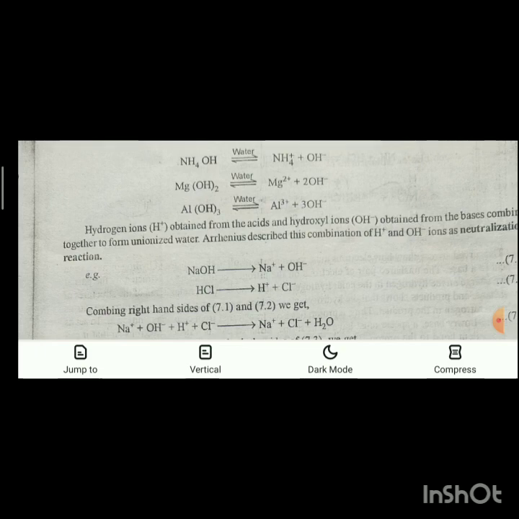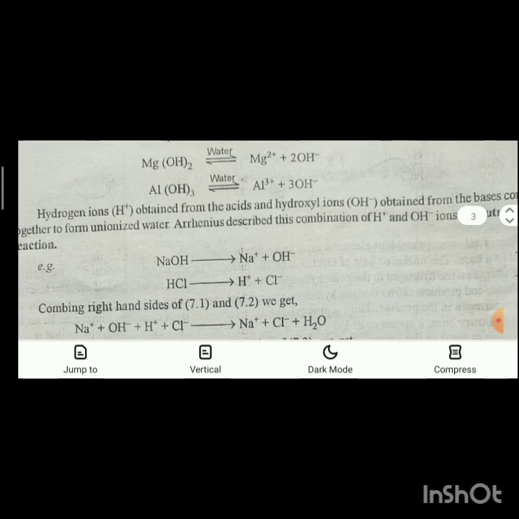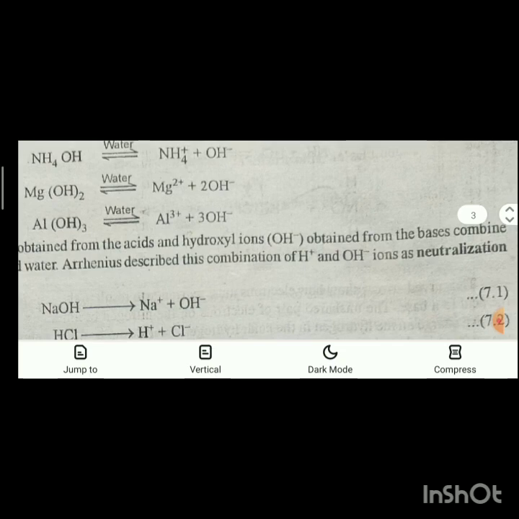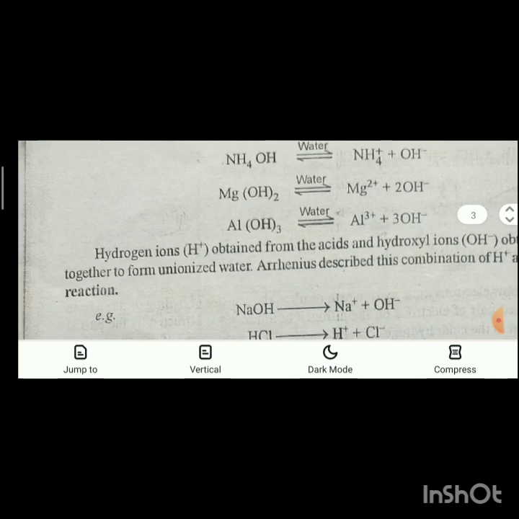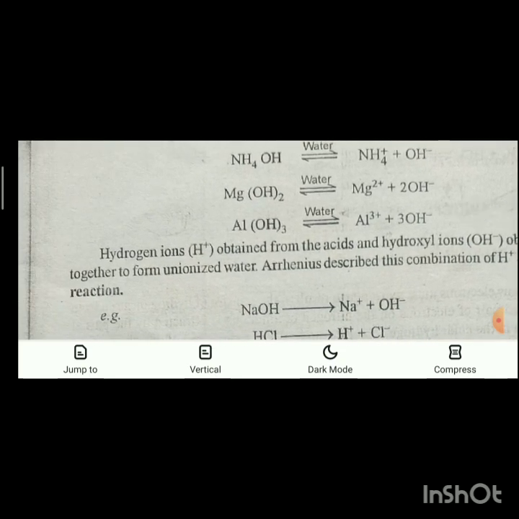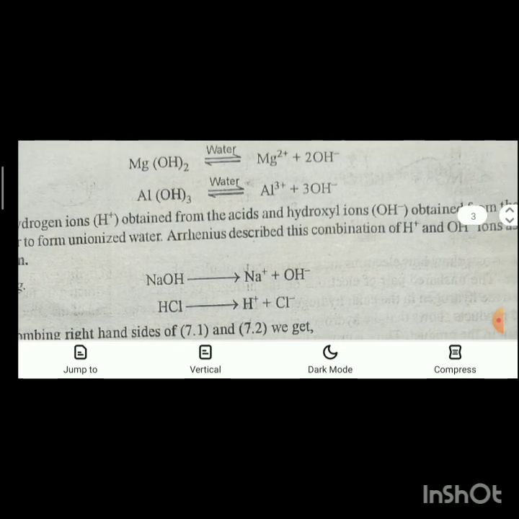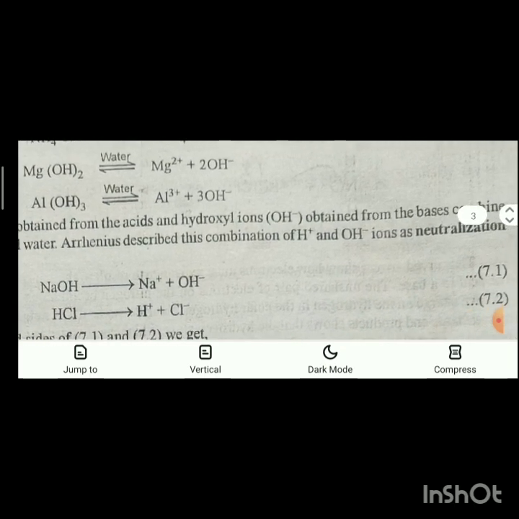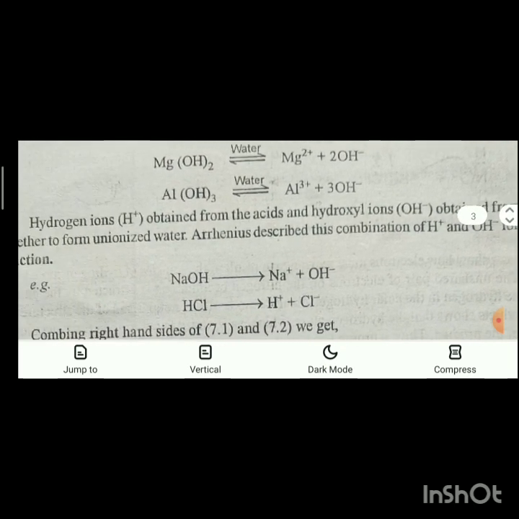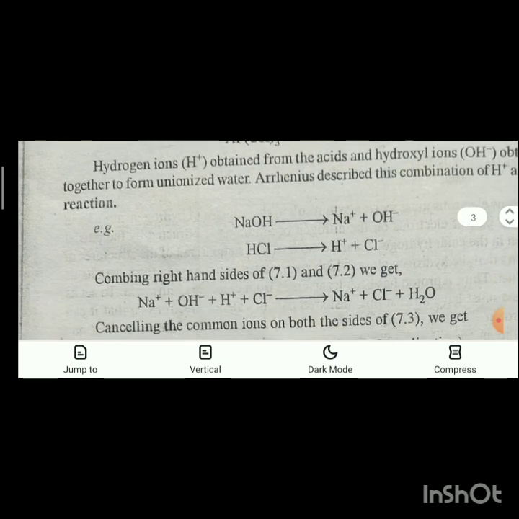Hydrogen ions H+ obtained from the acids and hydroxyl ions OH- obtained from the bases combine together to form unionized water. Arrhenius described this combination of H+ and OH- ions as neutralization reaction. For example, NaOH forms Na+ plus OH-, HCl forms H+ plus Cl-.